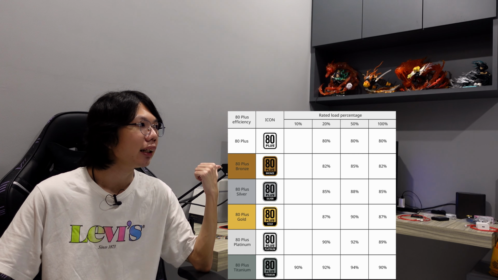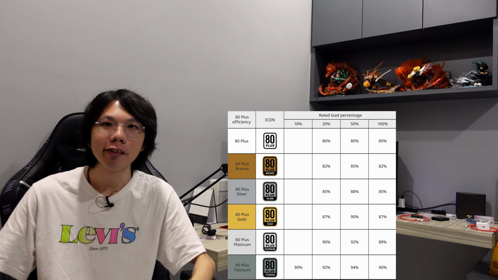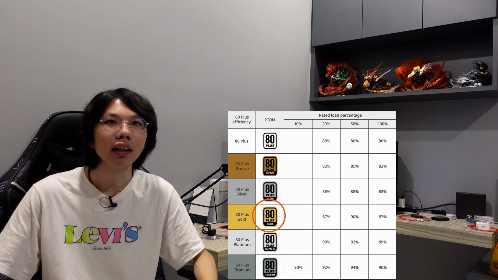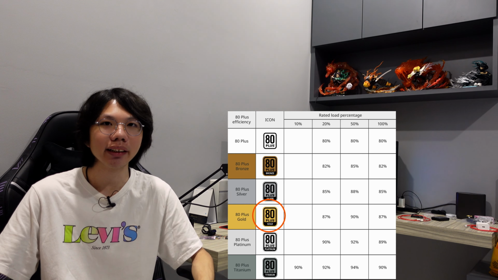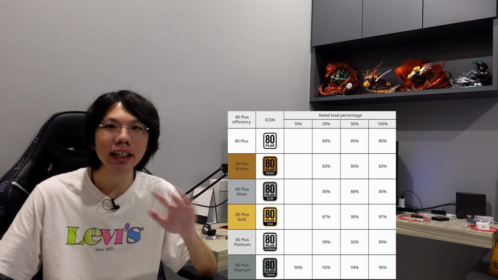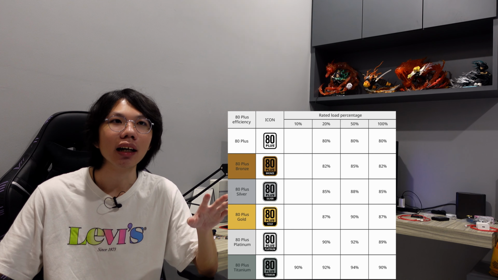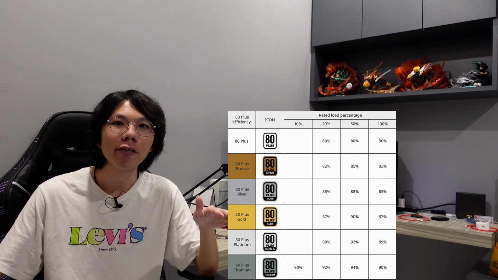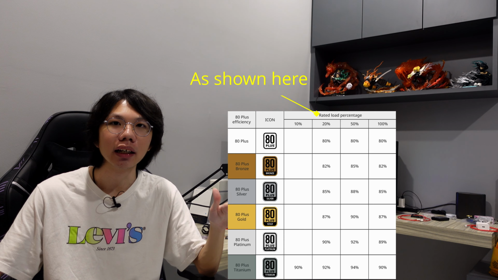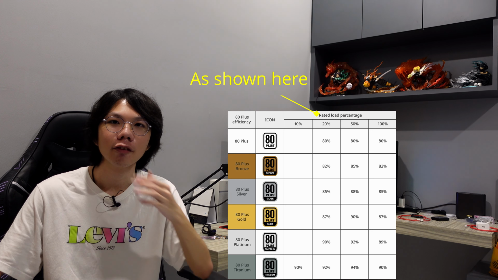My unit is the NZXT C850 Gold. It is rated at 80+ Gold efficiency. Different tiers basically mean different efficiency at different loads for the power supply.